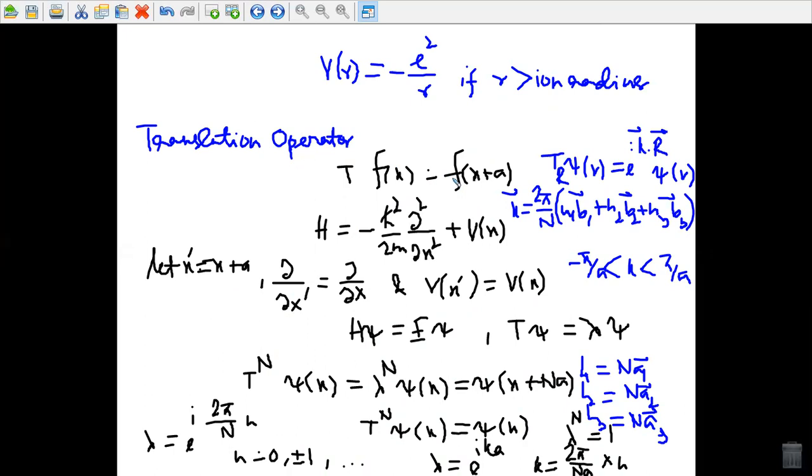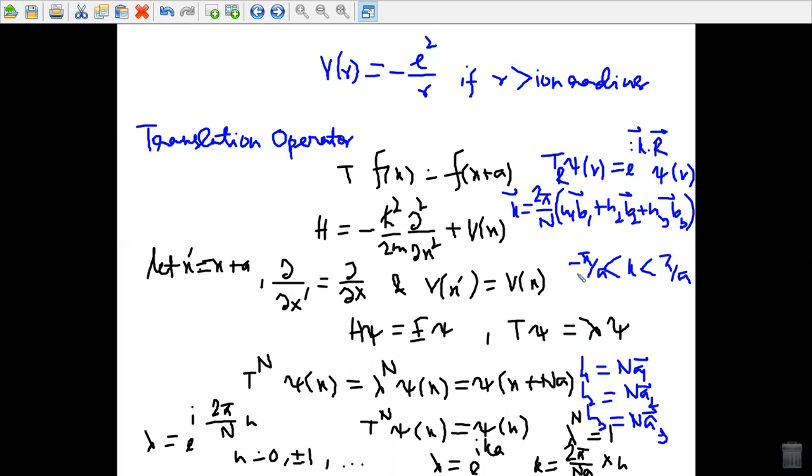So it is clear that this translation operator T commutes with the single particle Hamiltonian of the form minus h square by 2m del 2 del x2 plus V(x). Because if we let x prime equal x plus a, we can see that del x prime is equal to del x and V(x prime) is equal to V(x).